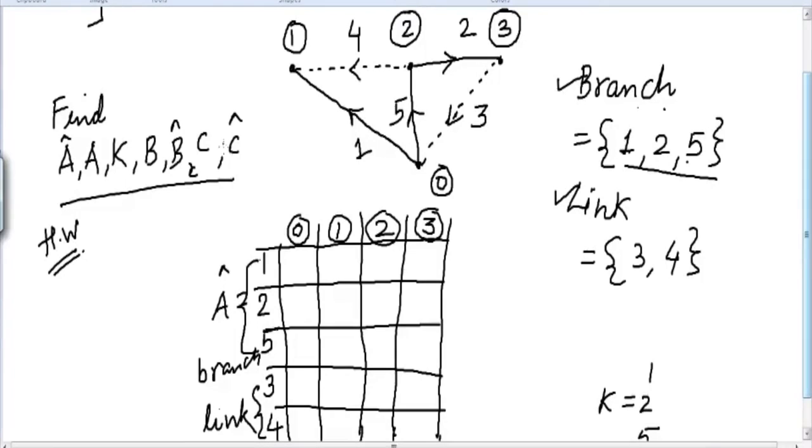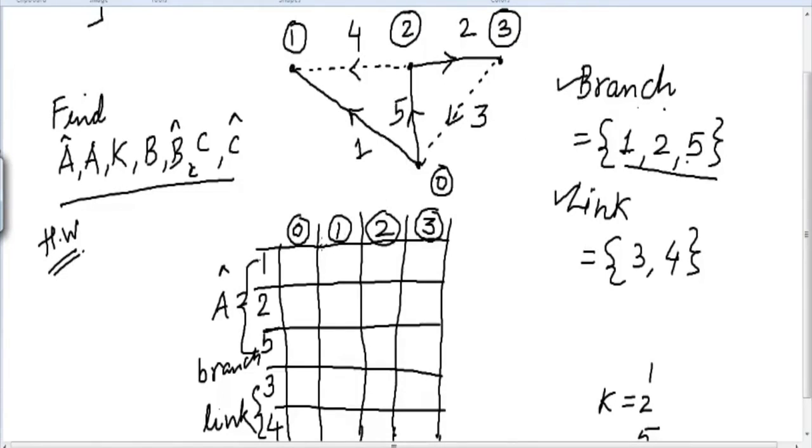You can see the dark lines are considered as branches, and dotted lines are considered as links. So dark lines are 1, 2 and 5, and that's why we have written the branches as 1, 2 and 5. The links are given with the dotted lines, that's why we have taken 3 and 4 as links.